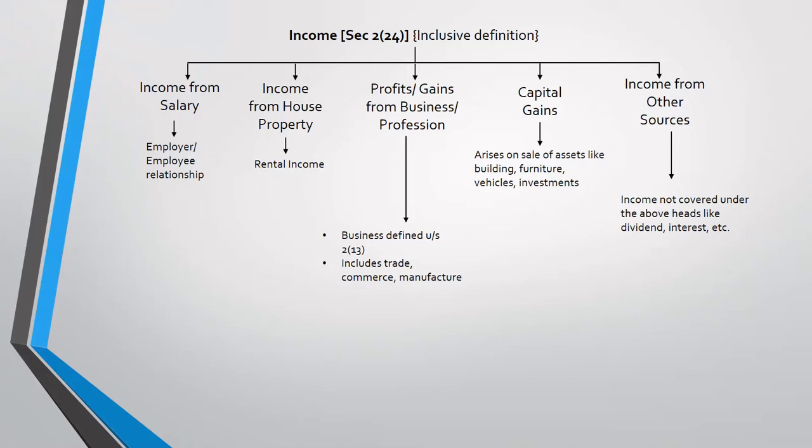Like, I repeat again, the definition of income is an inclusive definition. Hence, whatever is not covered under any of the other heads would be covered under income from other sources. For example, dividend, interest, etc.